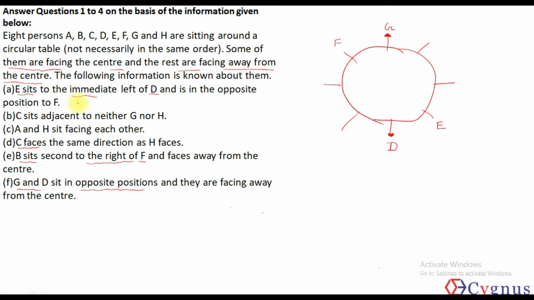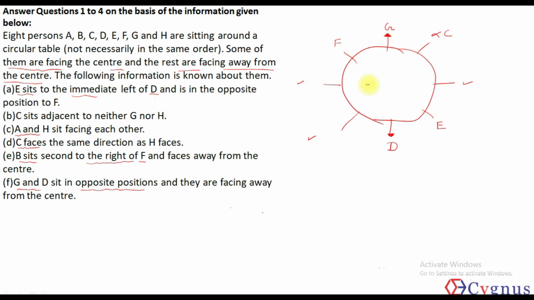What else is given? Can I use this clue now? C sits adjacent to neither G nor H. So this is G. I cannot put C here. So how many possibilities are left for C? 1, 2 and 3. These are the 3 possibilities left for C. A and H sit facing each other. So this is for sure that A and H will be sitting opposite to each other. Fine.